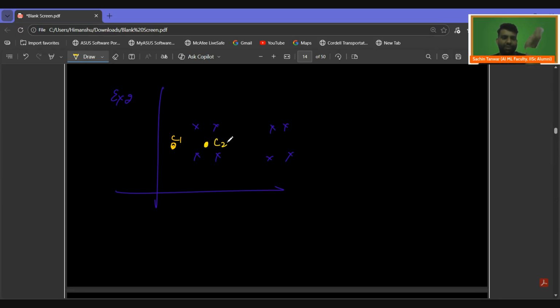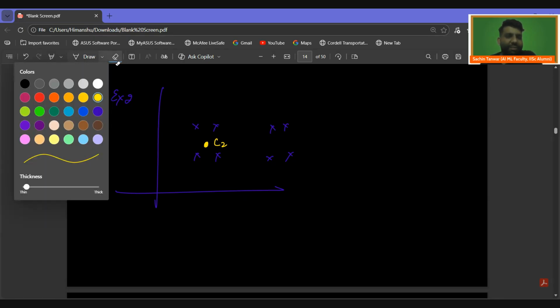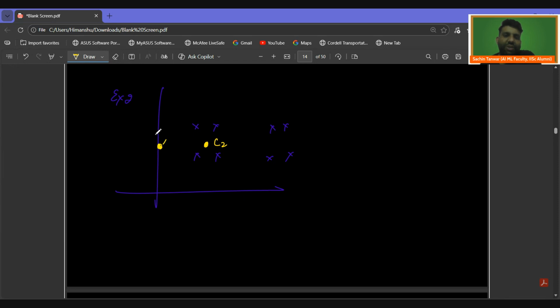We don't know the membership, because when we start, we don't know which data points belong to which particular cluster. So I would like to find out the distance of all. Ideally, let me push C1 a bit farther so that it doesn't bother much. Let me say that C1 was actually present over here.